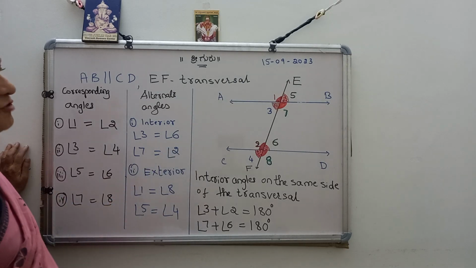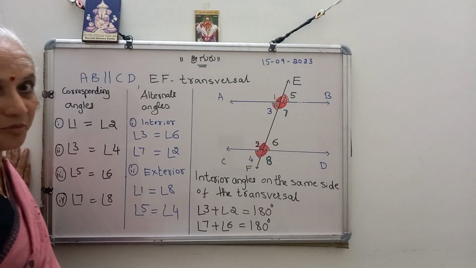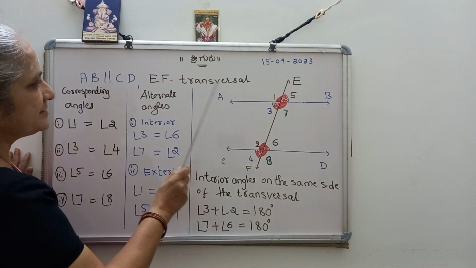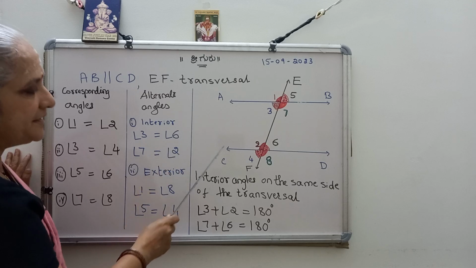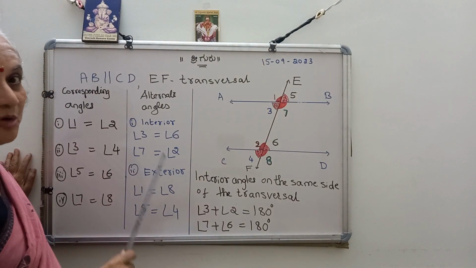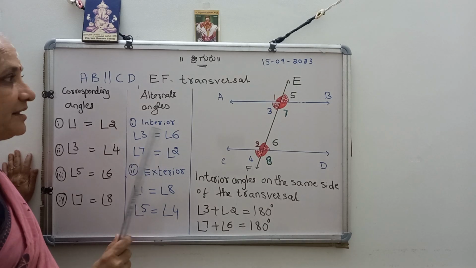How many angles are formed here? 8 angles are formed. And we'll define them as corresponding angles, alternate angles and interior angles on the same side of the transversal. And they have some properties. Corresponding angles are equal.